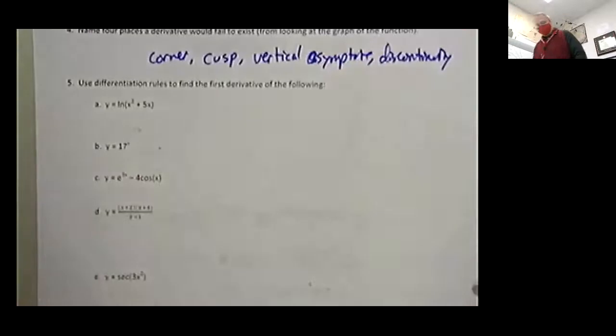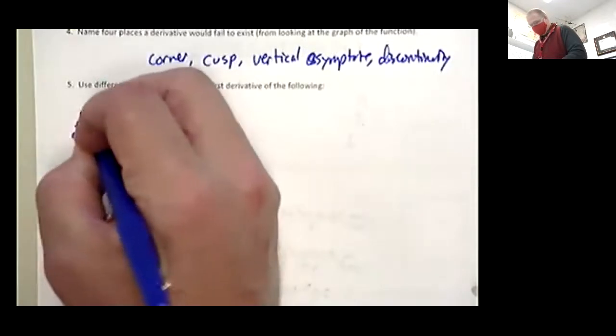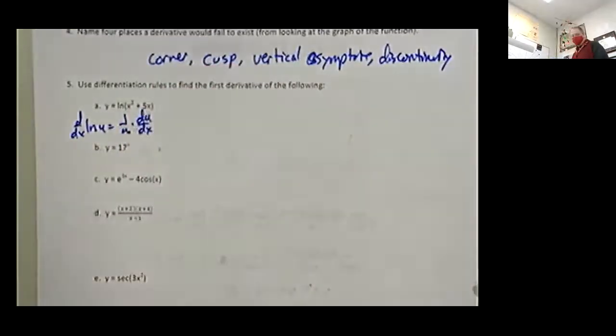Now we're into finding derivatives. And for this, you're going to reference your note card. So for the derivative of the natural log, we're going to remember that d dx of ln of u is 1 over u times du dx. Don't forget the chain rule stuff. That's all the stuff we spent the last month looking at undoing with our integration rules.